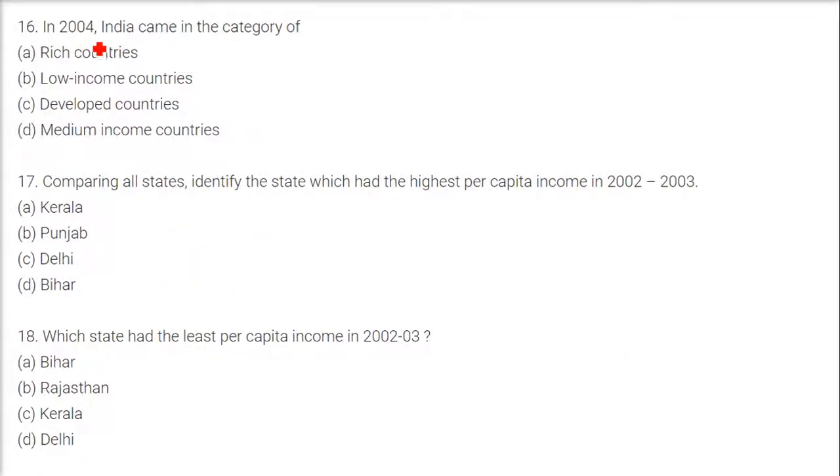In 2004, India came in the category of, in which category India came? Low income category. But in 2011, it is in between rich and poor, because rich is 8.6 lakh per annum per person, and the poor were 70,000 per person per annum. And India was 93,000 per person per annum. Per annum is for a whole year.